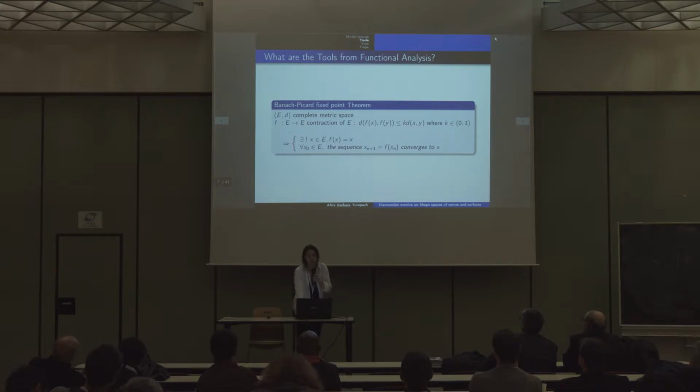So now, what are the tools from functional analysis? Let me just recall some of these theorems that you surely know. In the setting of a complete metric space, so with a distance, you have the Banach-Picard fixed point theorem, which says that if you have a contraction of the space, and if the space is complete for the metric, then you have a unique fixed point.